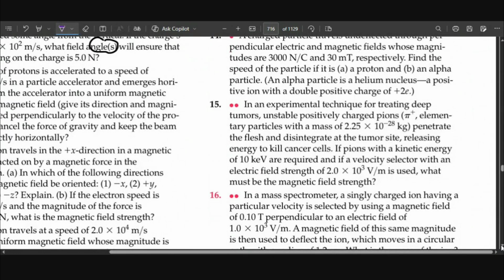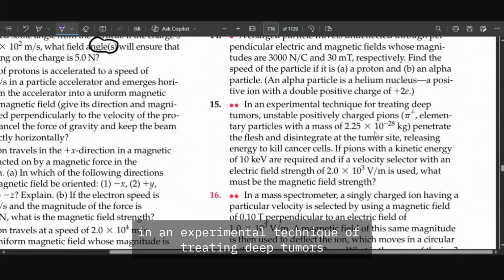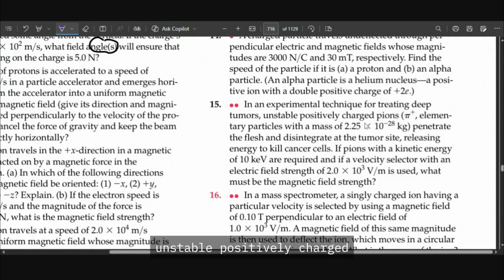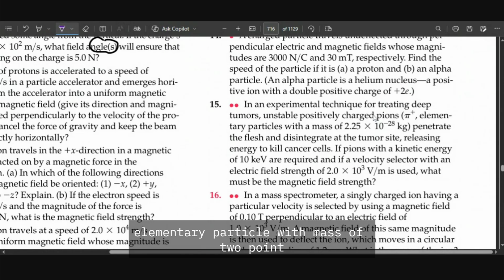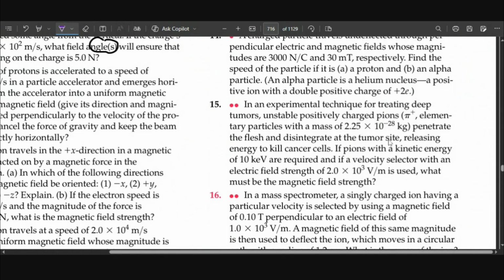Similarly, another one is also pretty simple. The question says, in an experimental technique of treating deep tumors, an unstable positively charged pi ion, you can also call it an elementary particle, with mass of 2.25 times 10 to the power minus 28 kg, penetrates the flesh and disintegrates at the tumor site, releasing energy to kill cancer cells.